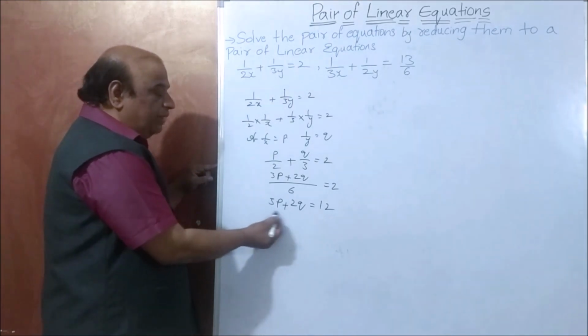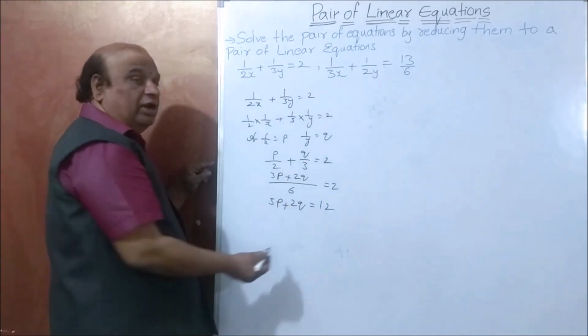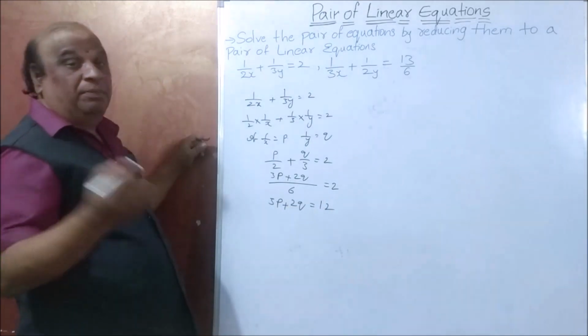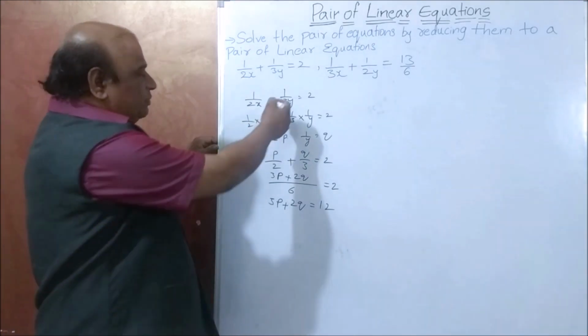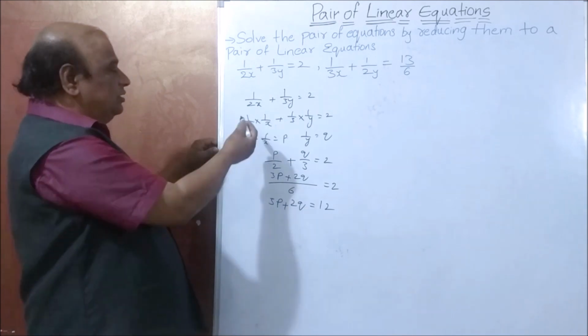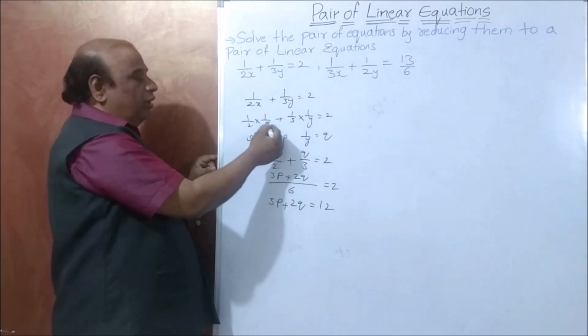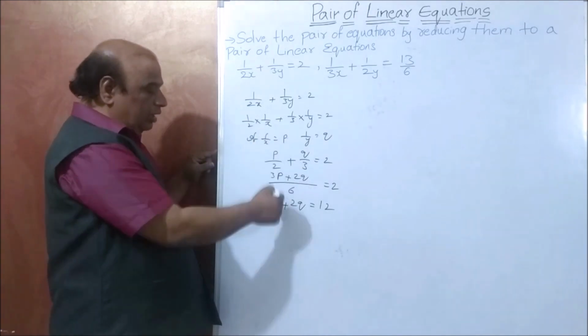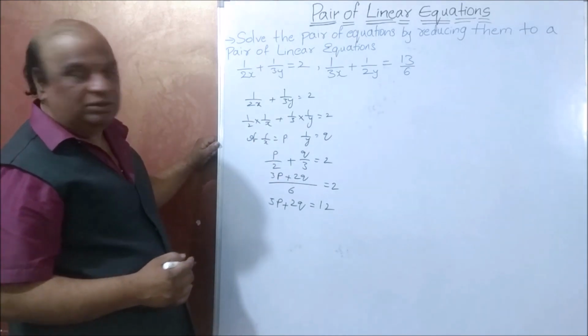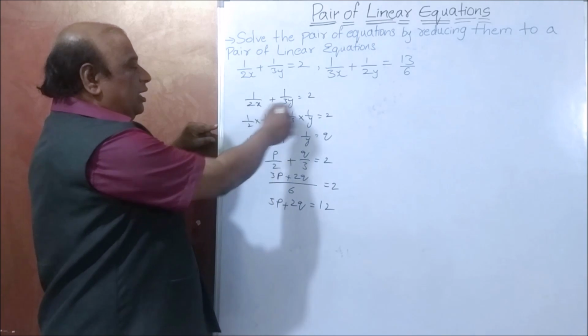Now 3p plus 2q is equal to 12 is a linear equation. So you observe this process. This is very important: how to convert 1/x and 1/y into the form of a linear equation, how to reduce this equation.